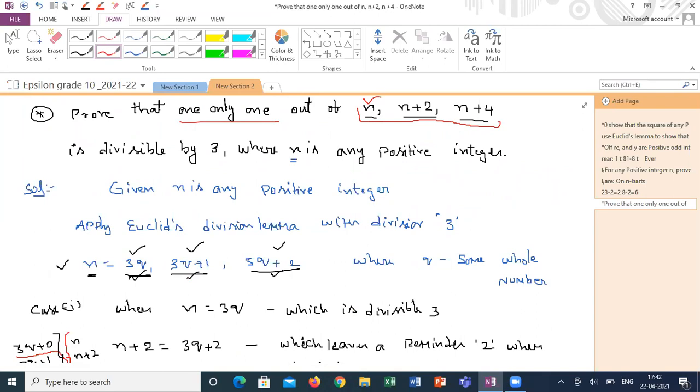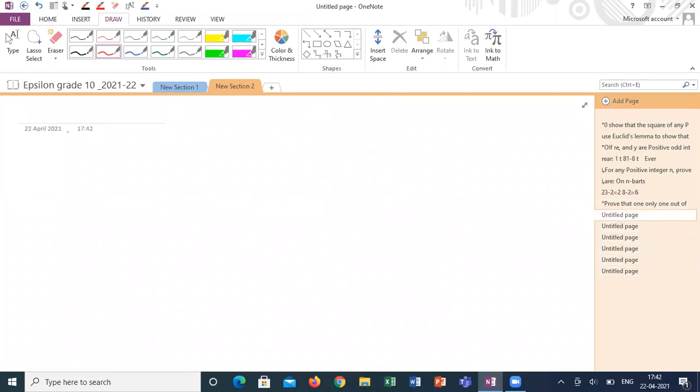Now, second case. What is the second case? If n is equal to 3q plus 2, correct? So n plus 2 and n plus 4.